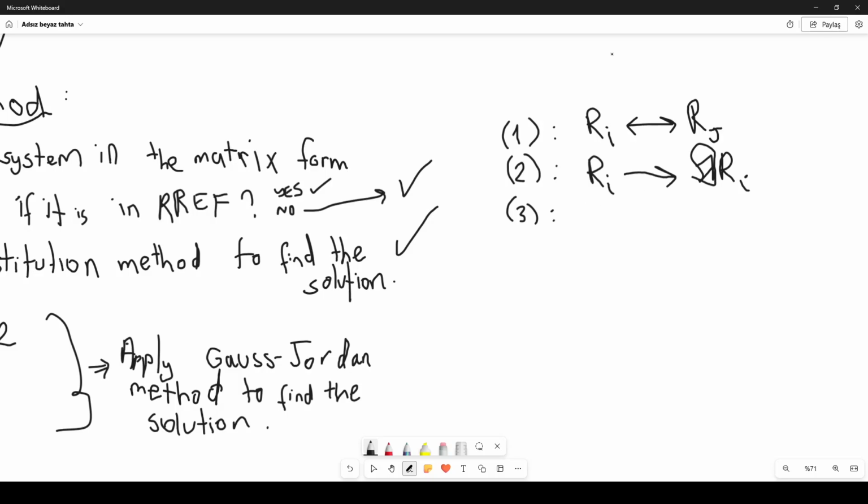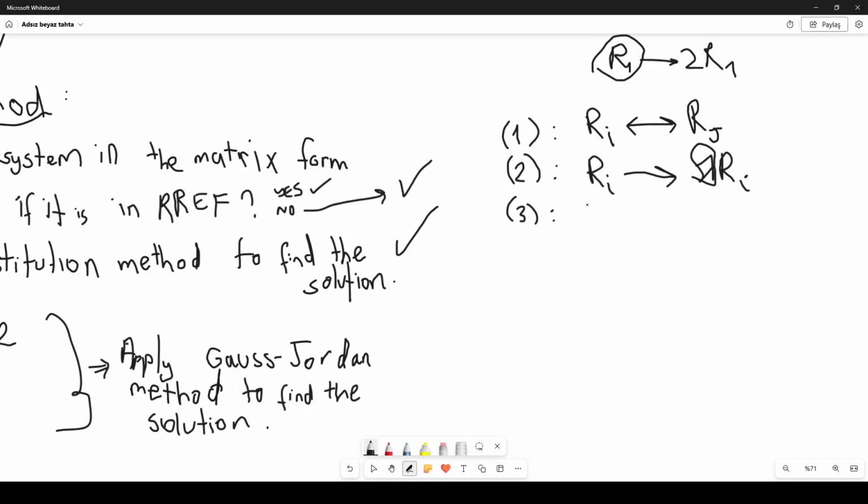For instance, we can replace row R1 by 2R1, right? But be careful about one thing, that we replace it by multiplying the same row. You see, 2R1. We put 2R1 instead of R1. So this is also a legal operation that does not change the solution set.